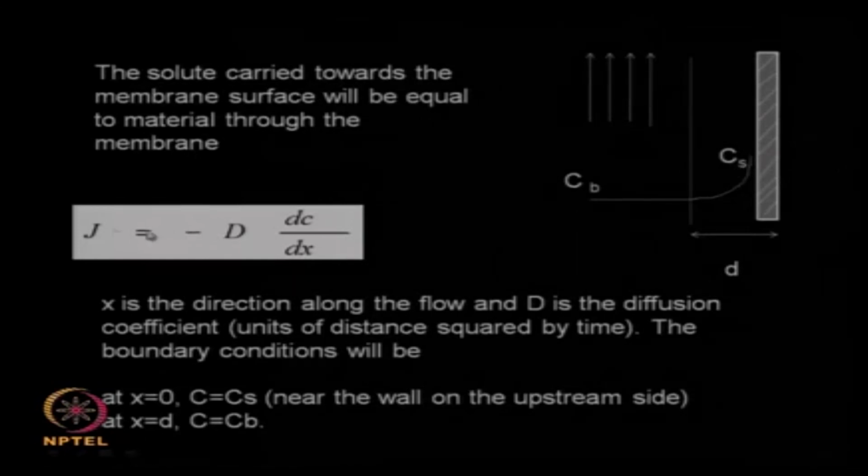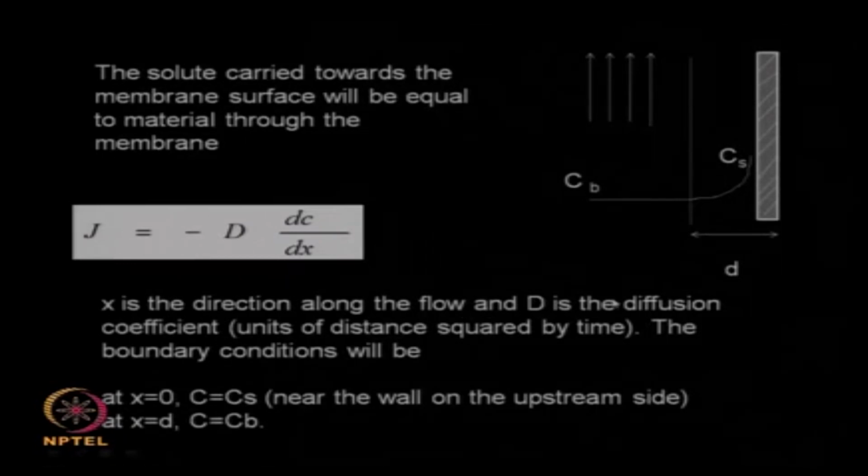So the flux J is equal to minus D dC by dx. D is the diffusion coefficient, C is the concentration, and x is the distance along the direction of the flow, within the boundary layer. What will be the units of the diffusion coefficient? It will be distance squared by time.